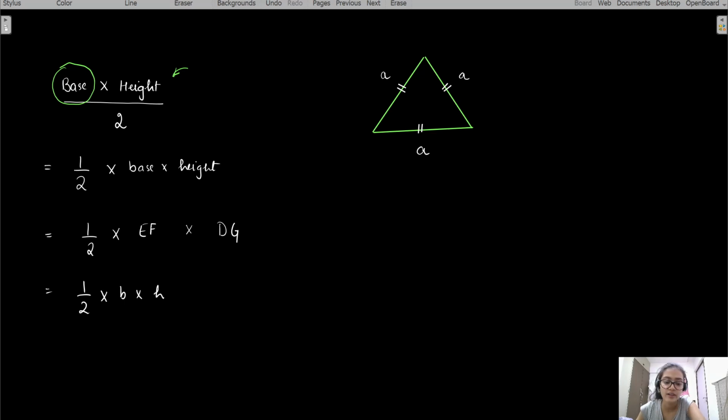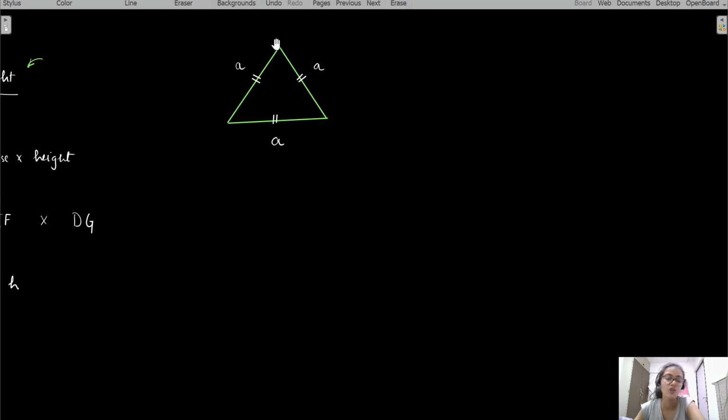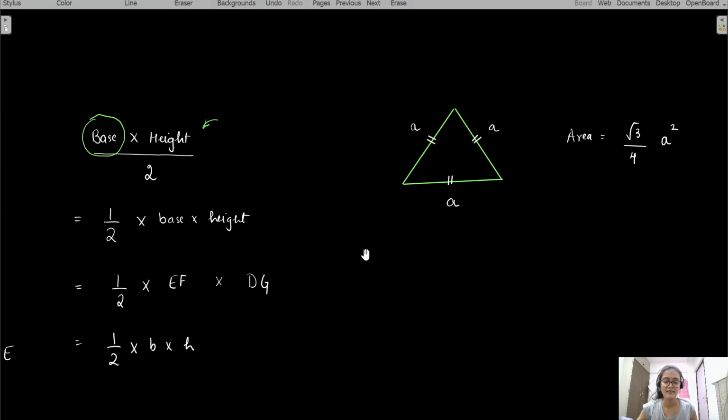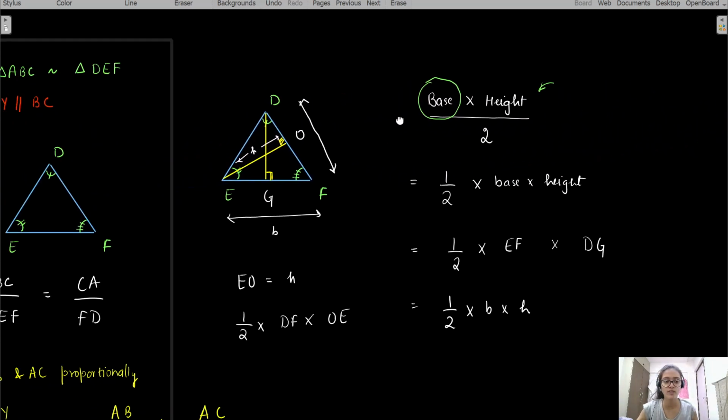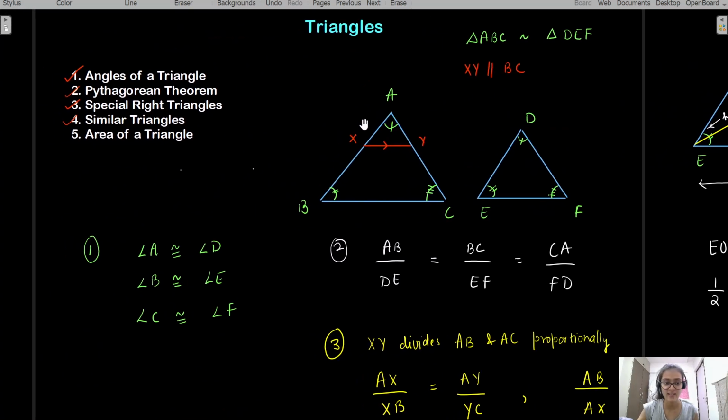So this is a very special triangle, and you don't need to find the height, perpendicular, base, nothing at all. You just need to know the length of one side, and then the area of an equilateral triangle is given by √3/4 times the square of the side. So that's it. That covers all the concepts of triangles.